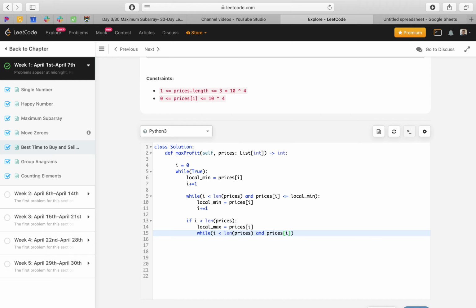If the price is greater than the local max, we want to update the local max to that price, and then we want to update i.